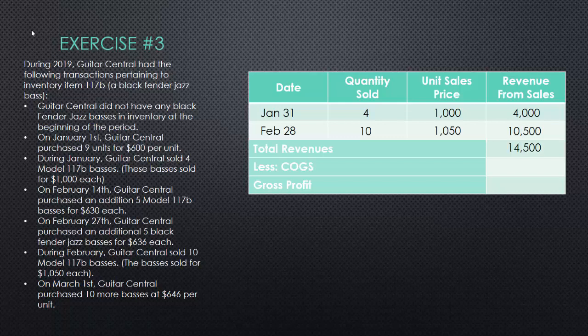In total, we had revenues of $14,500 from these 2 months worth of sales. If we subtract out our cost of goods sold, which is calculated to be $8,620, we're going to have gross profit on sales of these Model 117B Fender Jazz basses during the period of $5,880.